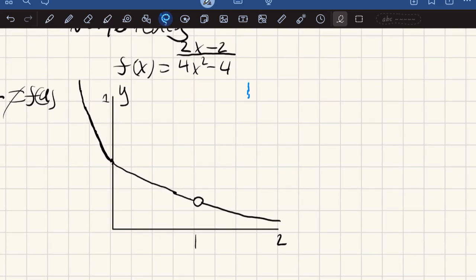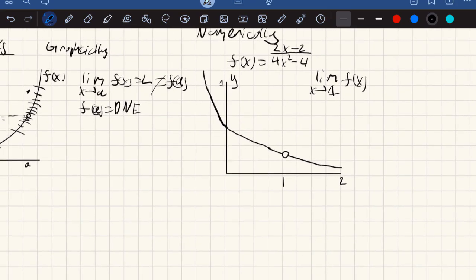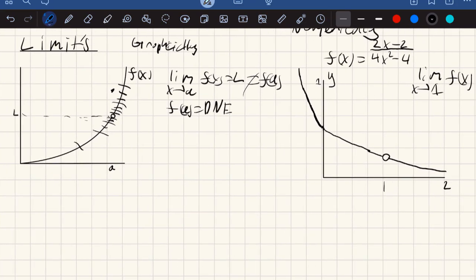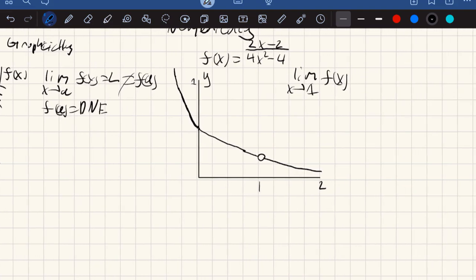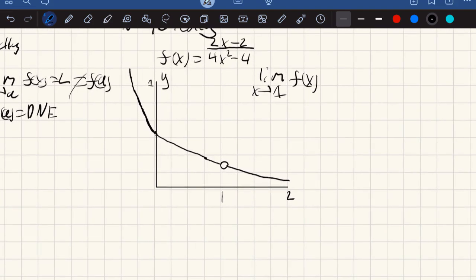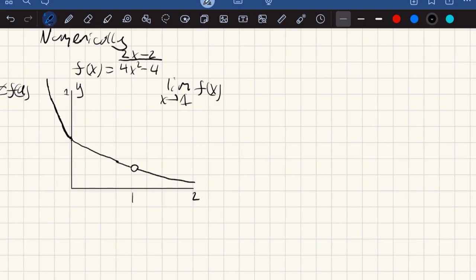And let's just say we're trying to find the limit as x approaches 1 of that function. So unlike the previous example where we could use the graph, my graph isn't so good. So we're going to have to find it numerically.